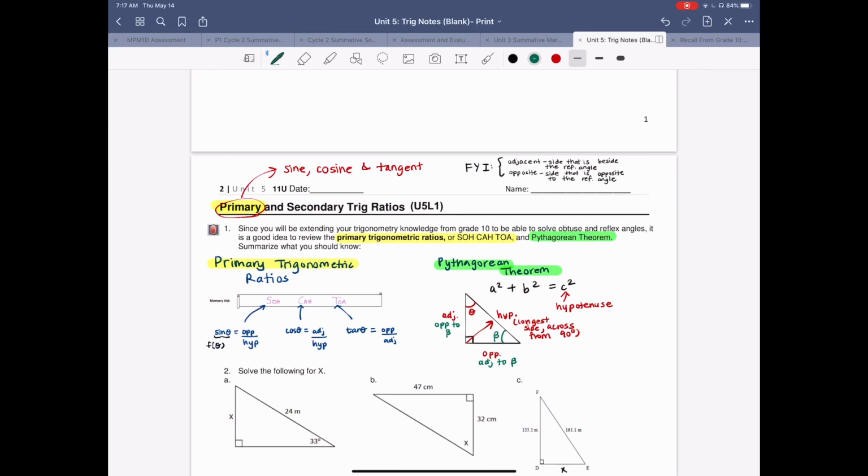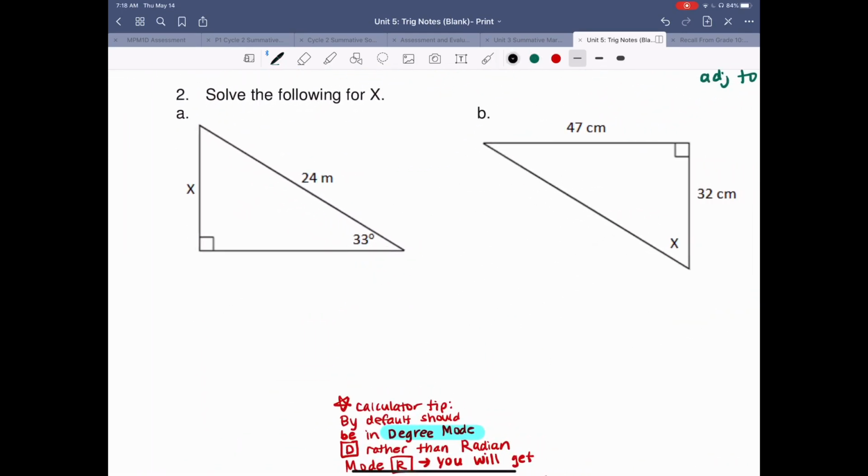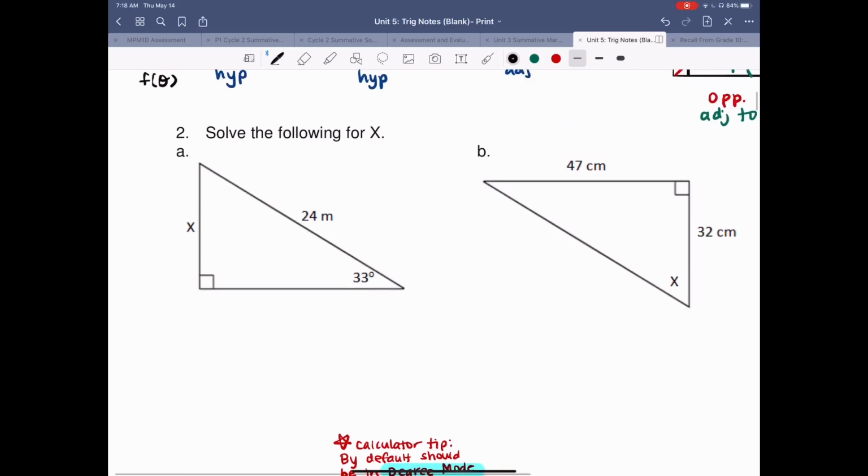Meanwhile, for question 2, these are some typical questions that you dealt with in grade 10. This is how I look at it. My strategy is that I put a little curve here just to show that that is the angle I'm looking at. I don't do this every time, but just to be sure. And I don't actually label all 3 sides, because if there's too much information, it might throw you off. So that's the hypotenuse right away.